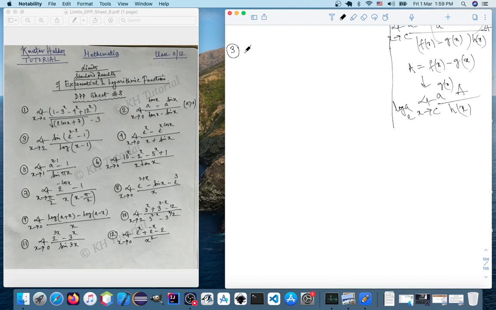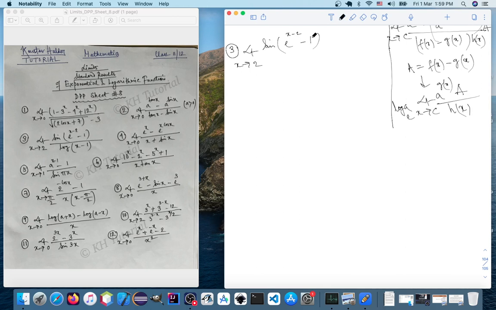It says limit x tending to 2, sine of e to the power x minus 2 minus 1, divided by log of x minus 1.